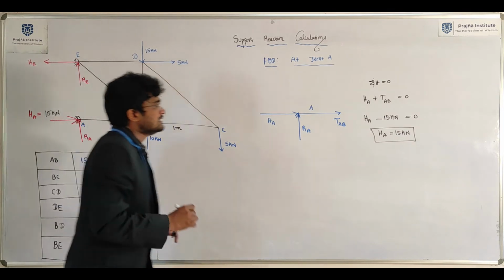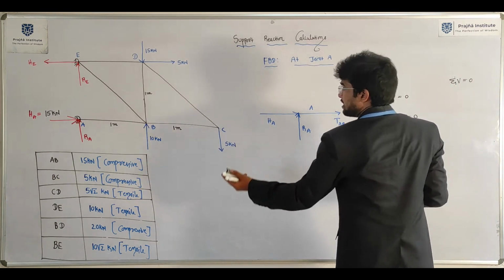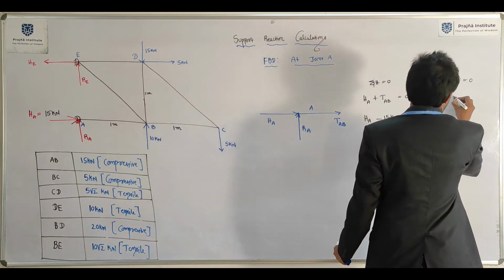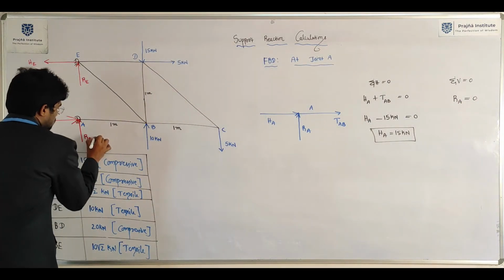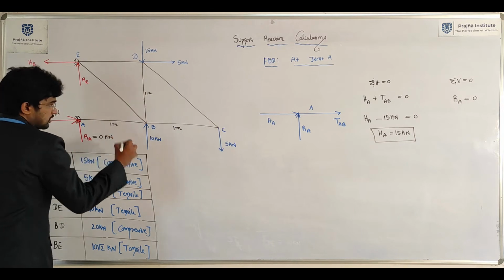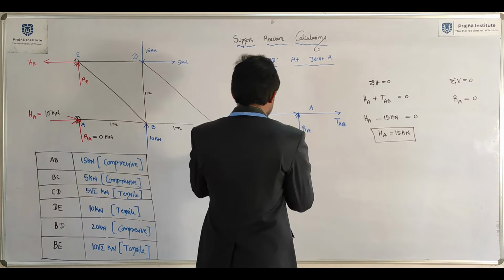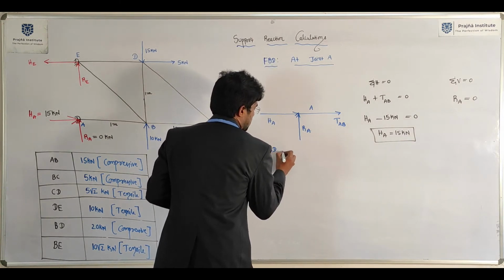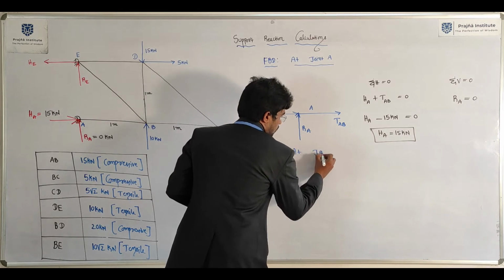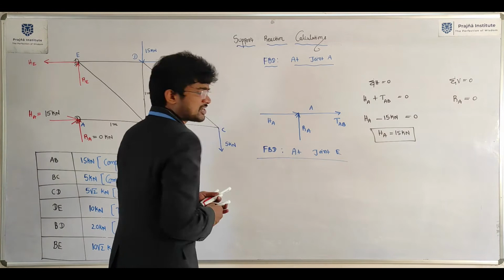Now, sigma V equals to 0. Here, the sum of upward forces equal to 0 at joint A, then RA equals to 0 kilonewton. Now, free body diagram at joint E. It's common sense.